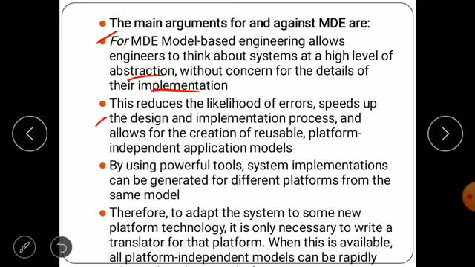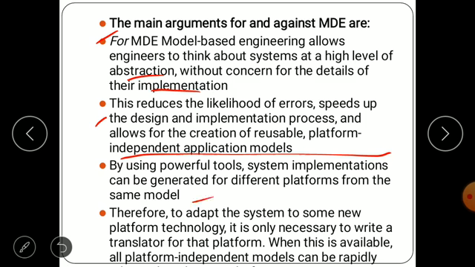This reduces the likelihood of error, speeds up the design and implementation process, and allows for the creation of reusable platform independent application models. These are the uses of MDE. By using powerful tools, system implementations can be generated for different platforms from the same model.